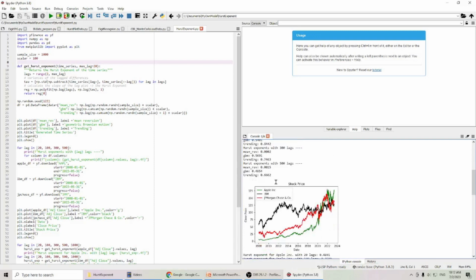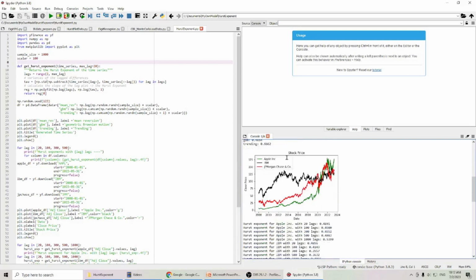Now, if we check the stock price for Apple, IBM, JP Morgan Chase. Let's check out Apple first. Apple is this green line.